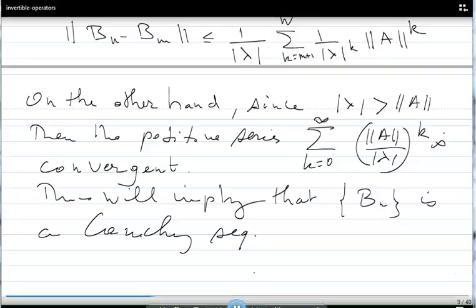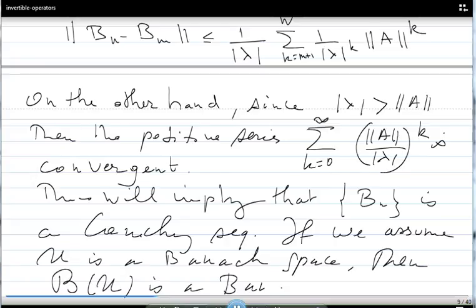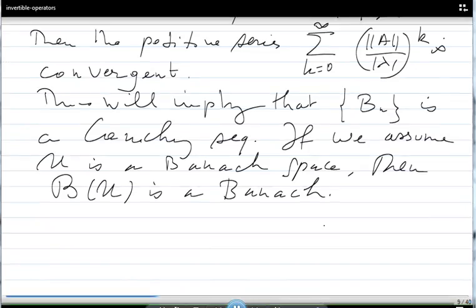So now if we assume that U is a Banach space, then B(U) is a Banach space. Which implies the limits of the Bn's exist.